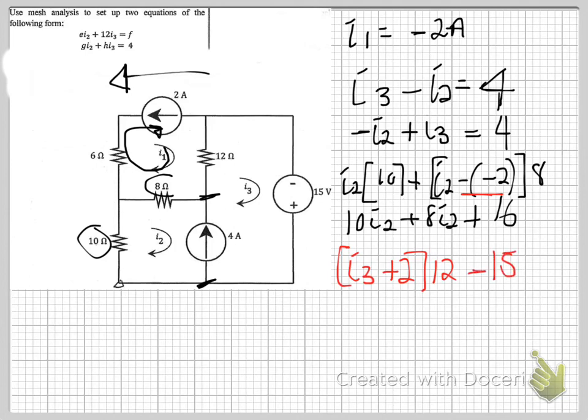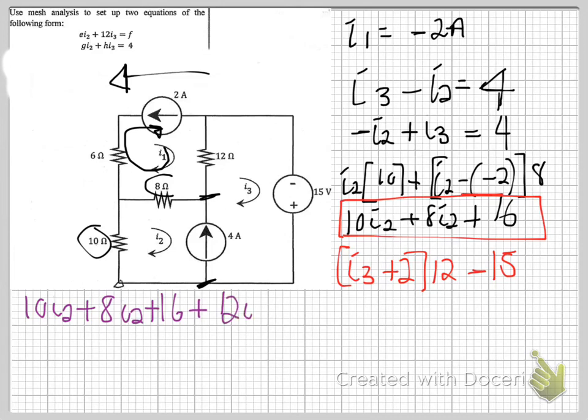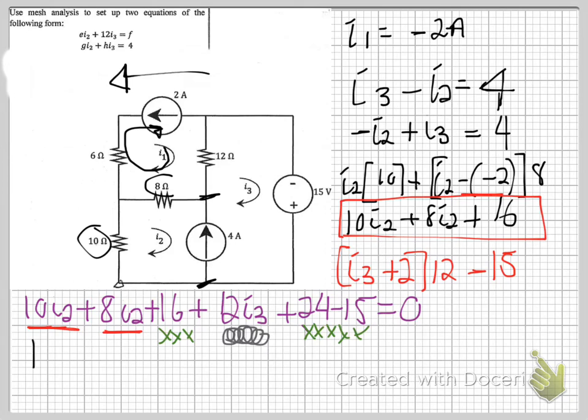So by putting the two equations for the two meshes together, we have to solve to find F. So this gives you the result of 18I2 plus 12I3 is equal to negative 25.